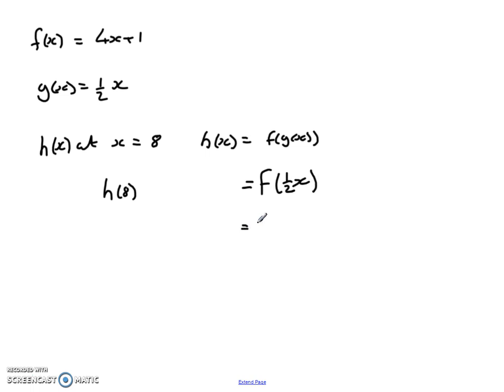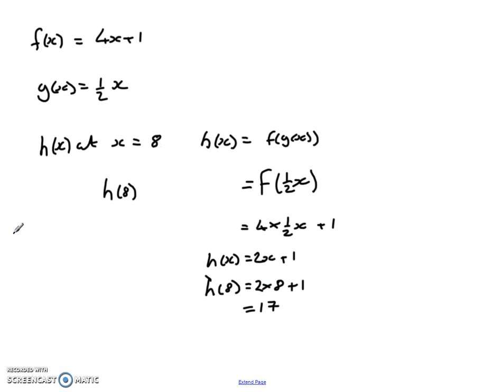So if I substitute this in, that's 4 times a half x plus 1. So at this point, I know h of x equals 2x plus 1. So now, if I wanted to get h of 8, I would substitute in the value of 8 at this point. So I'd do 2 times 8 plus 1. So 2 8s are 16 plus 1 gives me a value of 17.